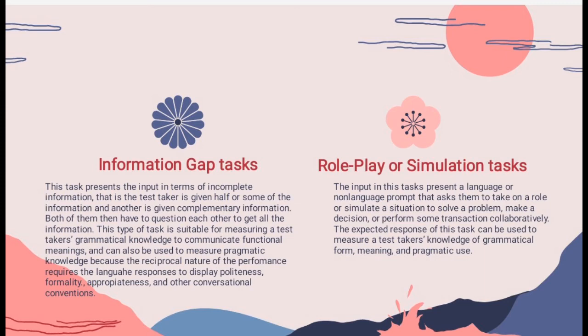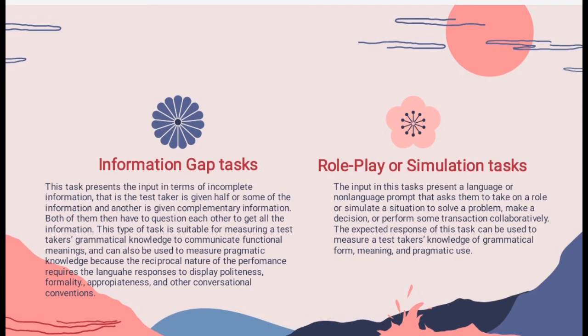Information gap task. This task presents the input in terms of incomplete information, that is, the test taker is given half or some of the information and another is given complementary information. Both of them then have to question each other to get all the information.